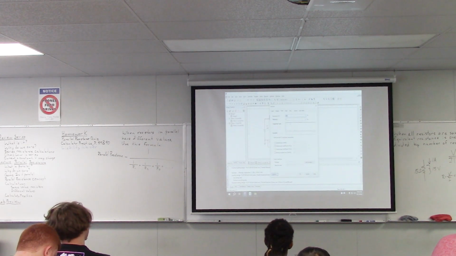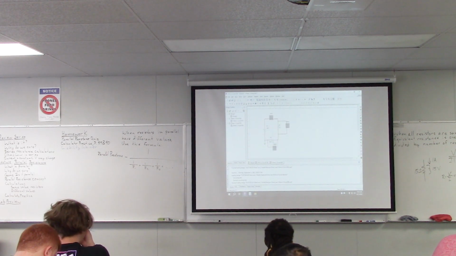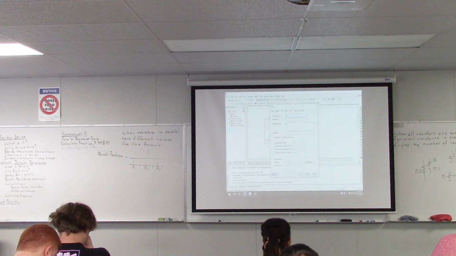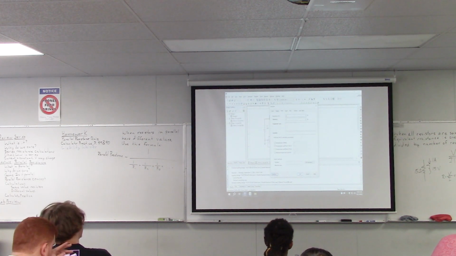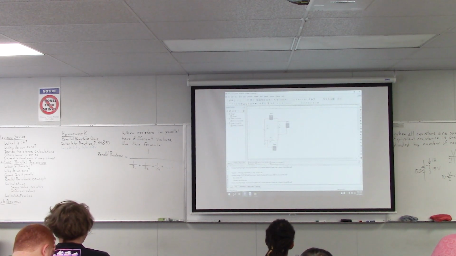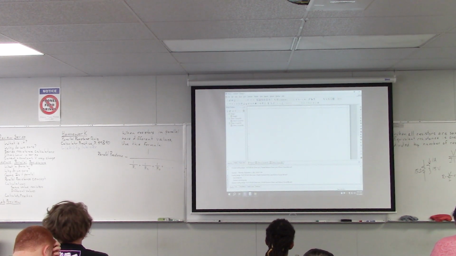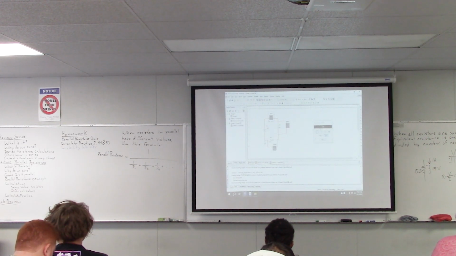We'll make the first resistor 5 ohms, and then the second resistor 10 ohms, I'm sorry, 15 ohms like we calculated. Then we can check the current up here. When we run this simulation, we get a current of 1 amp, just like we thought it should be.